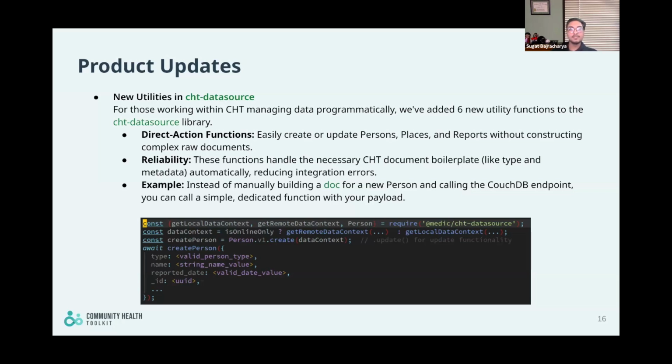All the validation and everything is taken care of internally through CHT Data Source. And similar to the REST endpoints, the functions for getting a person, place, and reports were available beforehand. These changes are just adding the functionality of creating and updating. Those are all the changes that were introduced from this project.